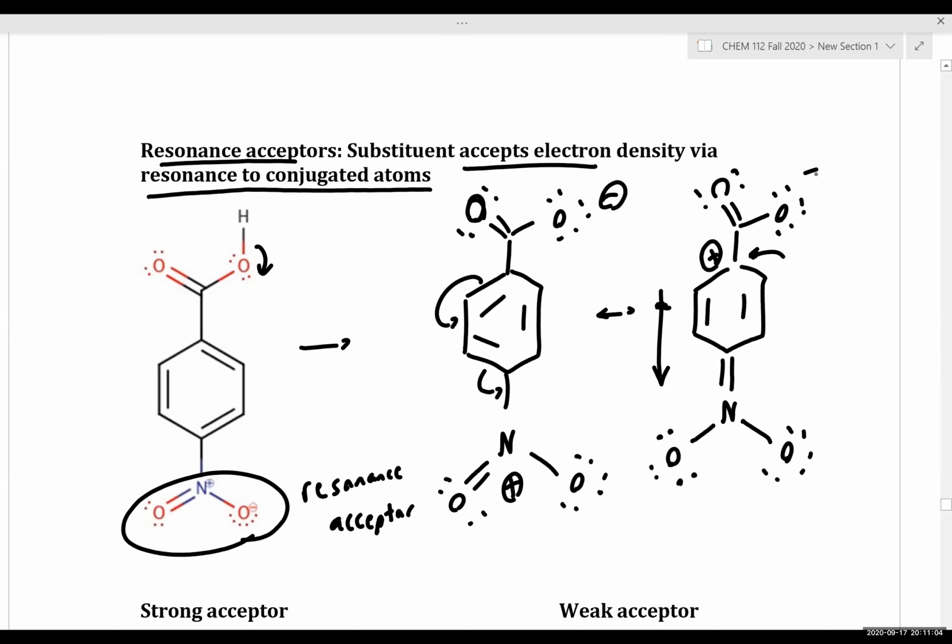And as a result, this resonance withdrawing effect can in turn stabilize our anion, almost via a pseudo-inductive effect in a way. So essentially, the nitro group by resonance is pulling electron density from our aromatic ring towards the nitro group.